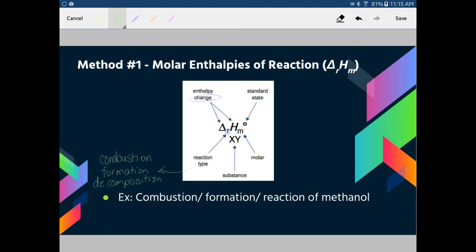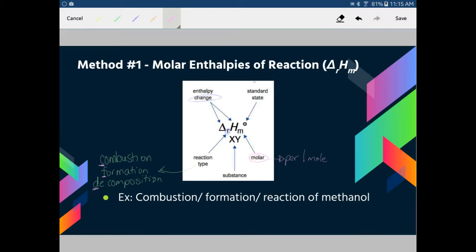We notate the reaction type by the letter that the reaction starts with. So we could do delta C for combustion, delta F for formation, or delta D for decomposition, etc. This just means the change in enthalpy for whatever reaction type we have. This little m here means molar, in other words, per 1 mole.